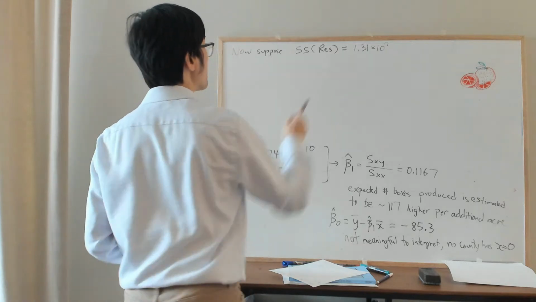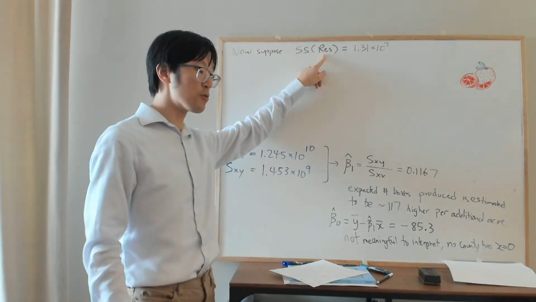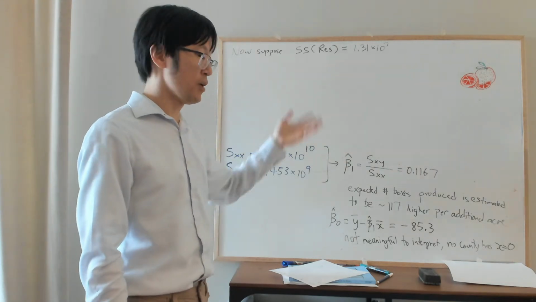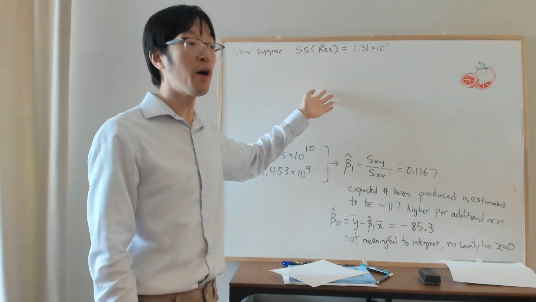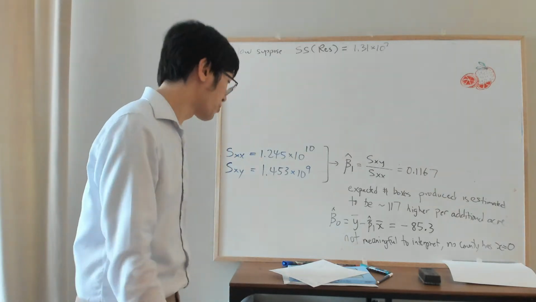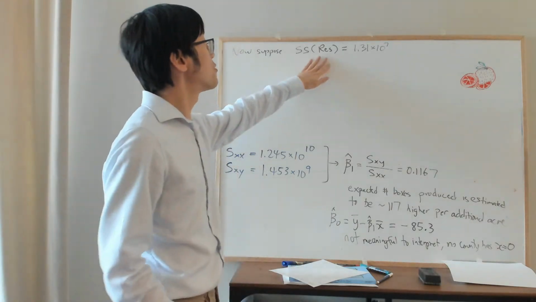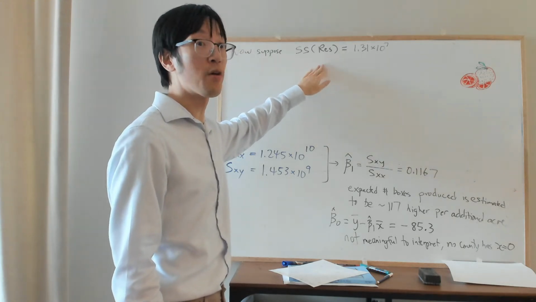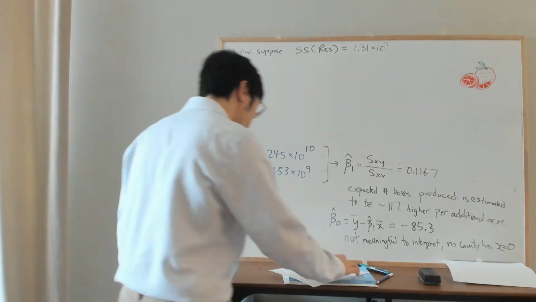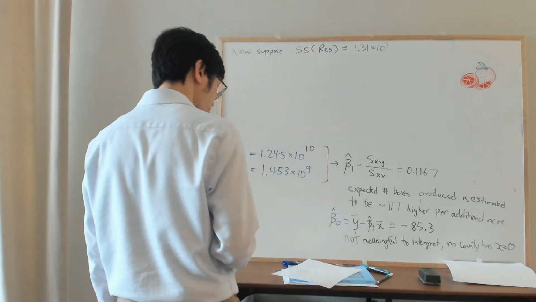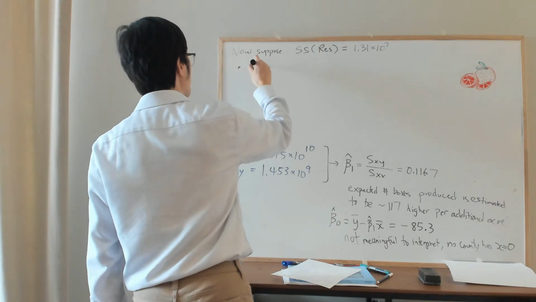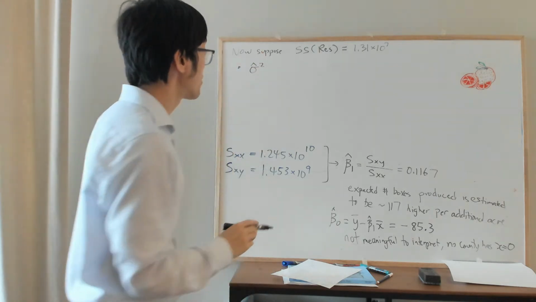Okay, so from this information, remember the residuals are the differences between the values of yi and the fitted regression line. And the sum of squares residual is related, as we learned, to our estimate of the residual variance, sigma squared. Okay, so once we have this information, now we can therefore calculate our estimate of sigma squared.